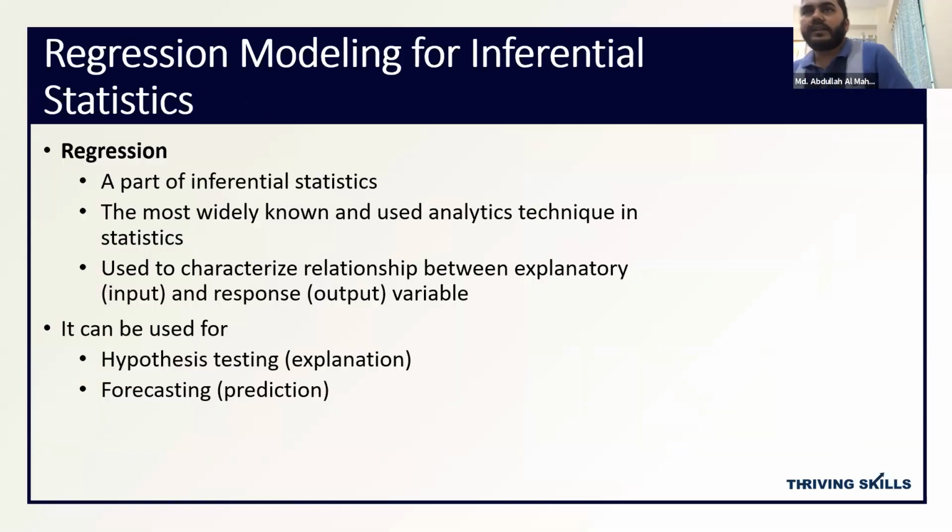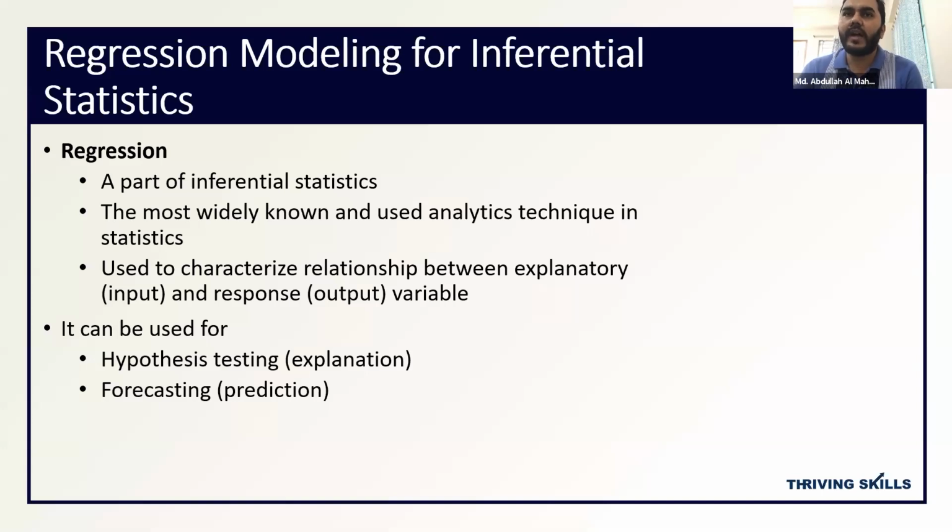Now I'm going to the next part of our statistics or analytics, which we call inferential statistics. As I said, in data science we call this predictive analytics. In predictive analytics, in the case of data science, we apply data mining, text mining, and web mining. In statistics, we use regression and forecasting. Regression is, of course, part of inferential statistics, and it is the most widely known and used analytic technique in statistics.